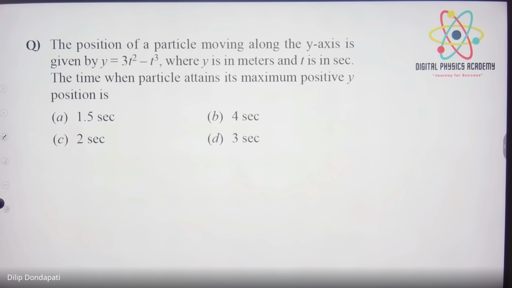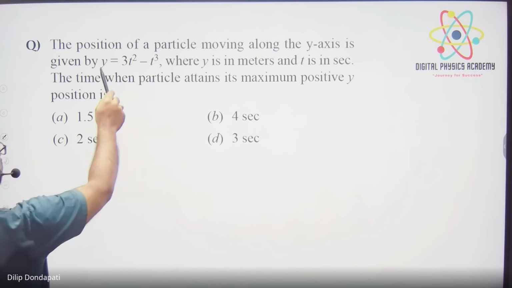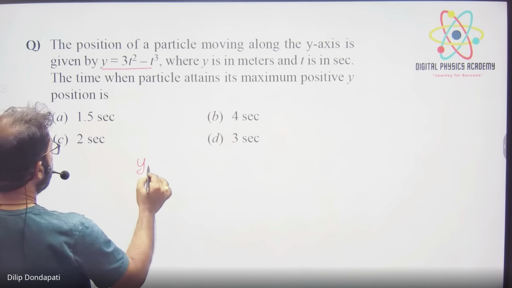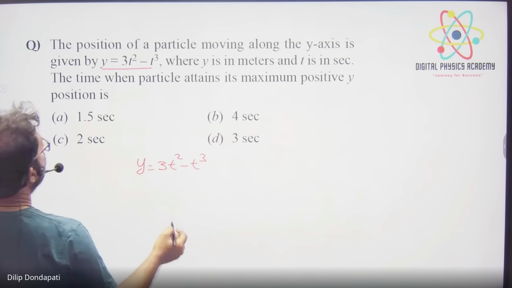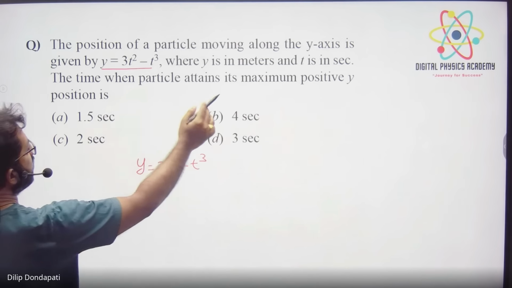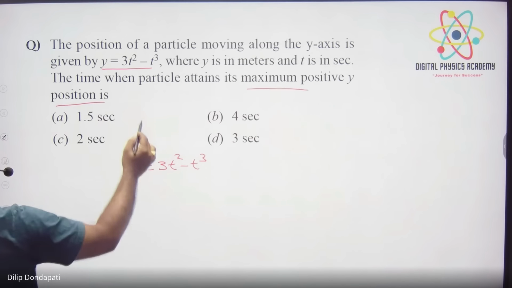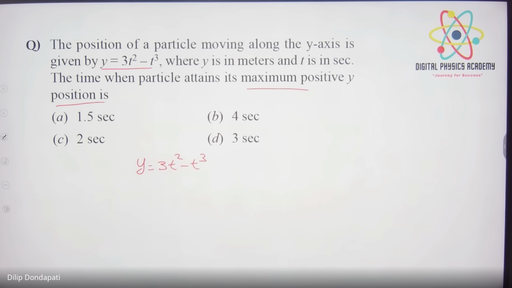The position of the particle along the y-axis is this much. So y, the position, is changing with respect to time. The time when the particle attains maximum positive value is... At which time will y be maximum?